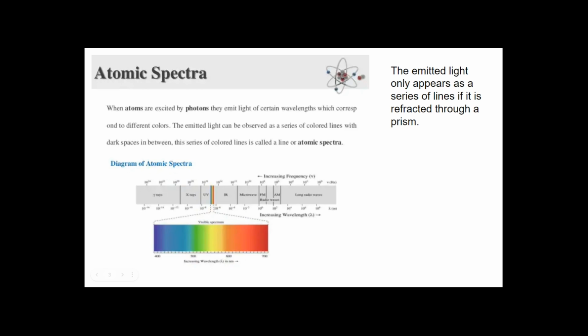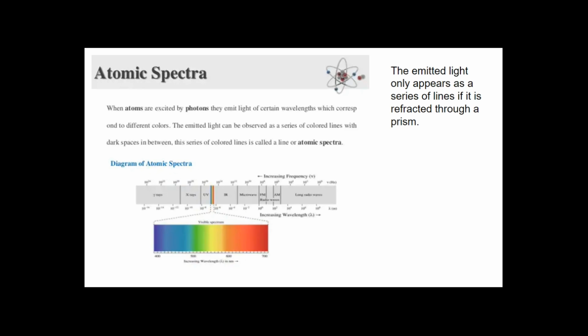And notice wavelength and frequency are inversely related. Frequency is related to 1 over the wavelength. So if wavelength is increasing, then frequency is decreasing. A short wavelength has a very high frequency, and a long wavelength has a low frequency.